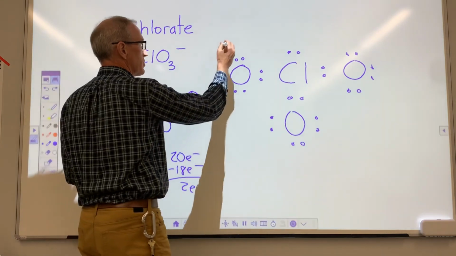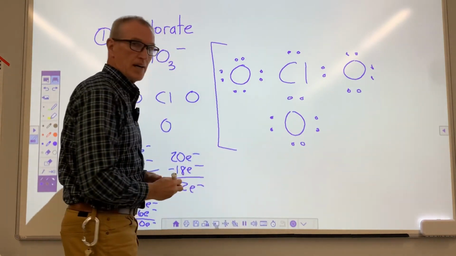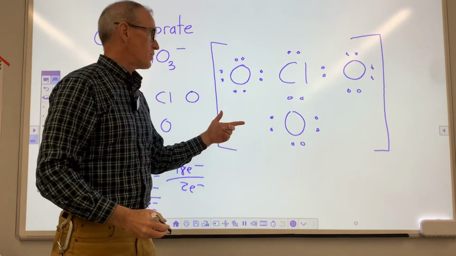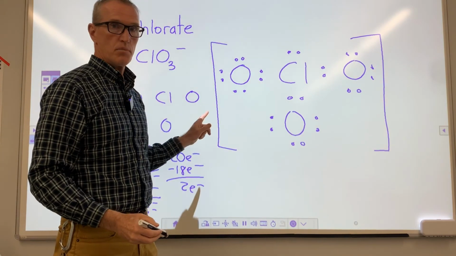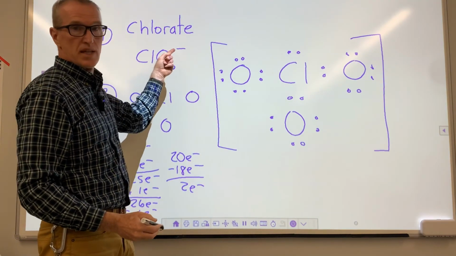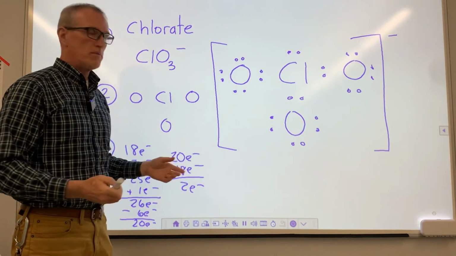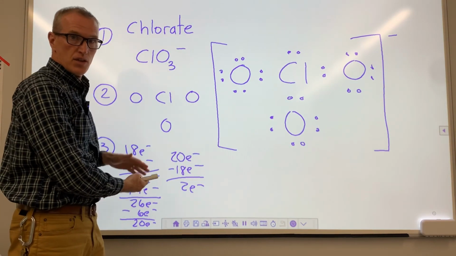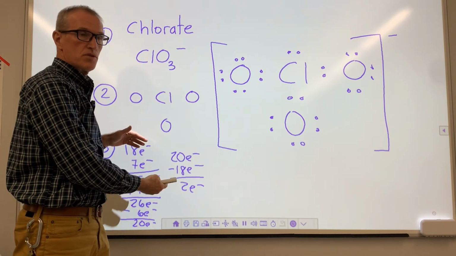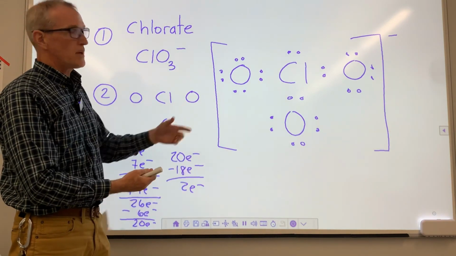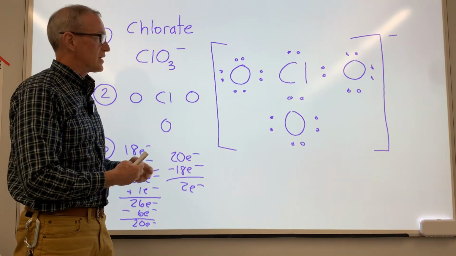I have to remember that this is a polyatomic ion. So I enclose the Lewis structure in brackets, and then because it's got a -1 charge, I have to show that. So there you go. Same process, a little bit longer, more electrons to distribute, but that shows you how to do the Lewis structure for a polyatomic ion.